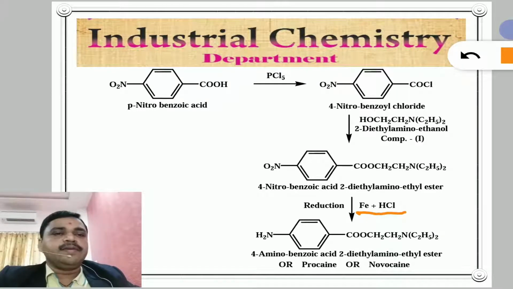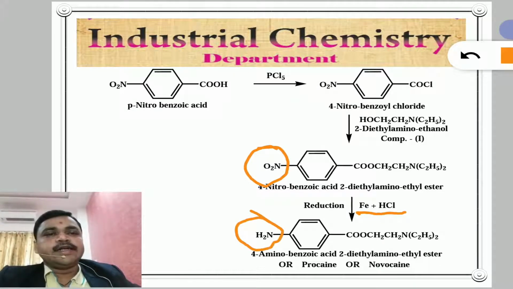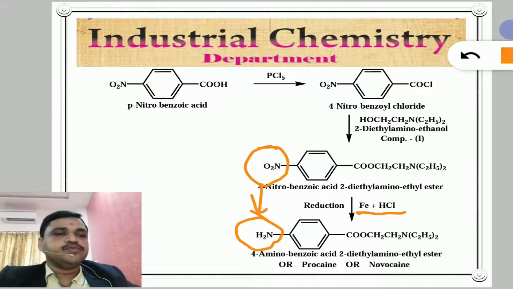The NO2 is converted into NH2. So we get 4-aminobenzoic acid 2-diethylaminoethyl ester.